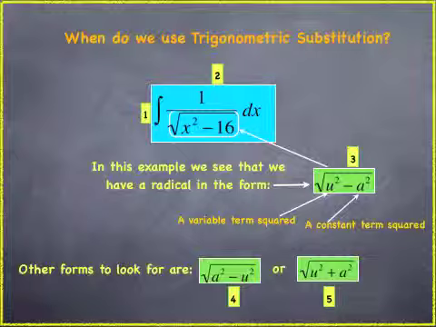So again, when you have something in that form, a good choice is to use trigonometric substitution. One of the reasons we do that is because this form is similar to that of the Pythagorean theorem, and we're going to use a right triangle and the Pythagorean theorem to make some trigonometric substitution, and then we're going to integrate that, and then we're going to substitute back.